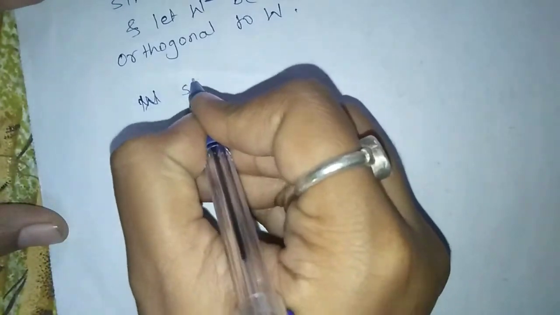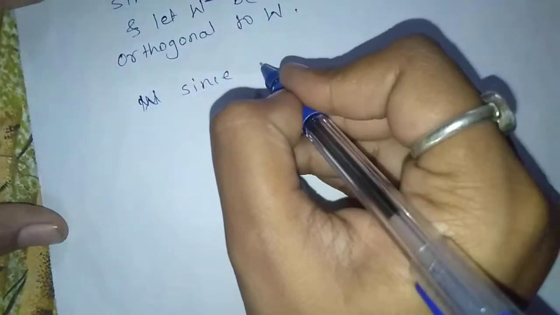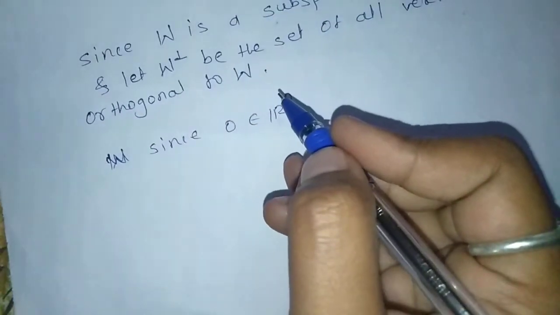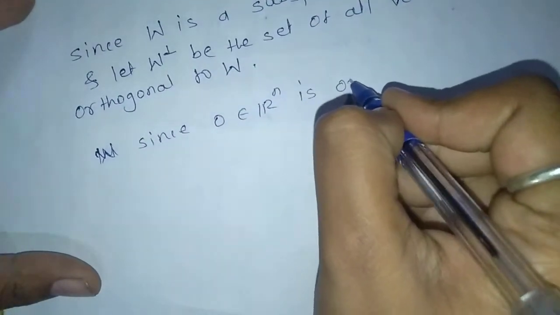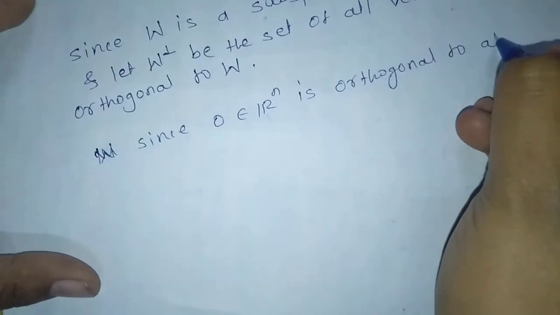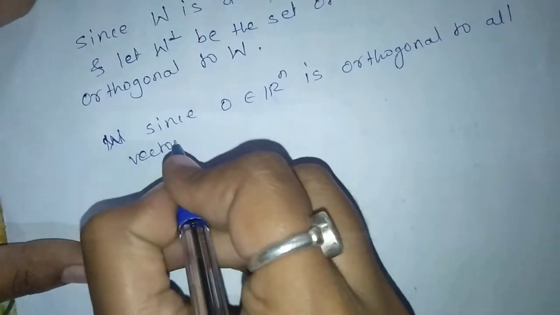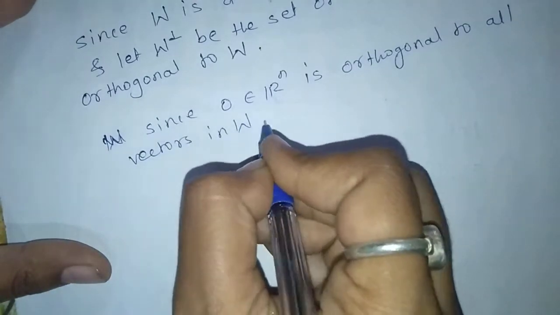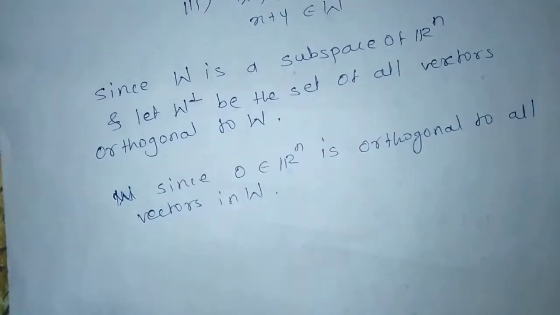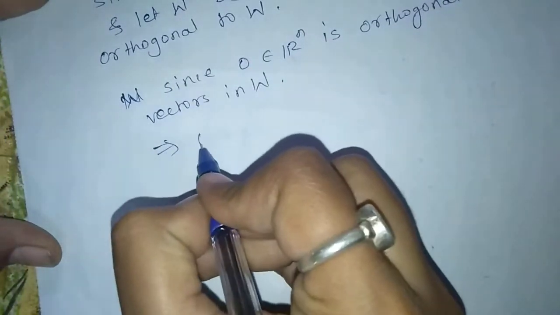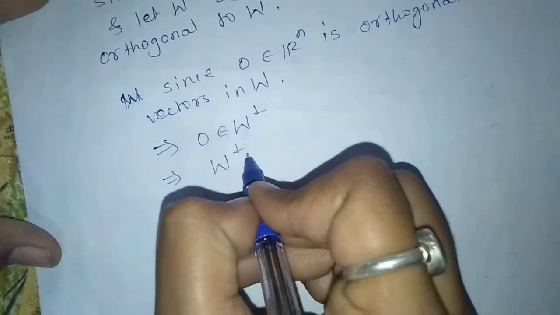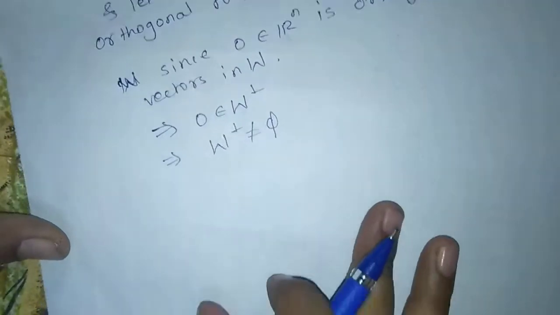Since 0 belongs to Rn, it is orthogonal to all vectors in W, and W complement is nothing but the set of all vectors orthogonal to W. That means 0 belongs to W complement, that is, W complement is non-empty.